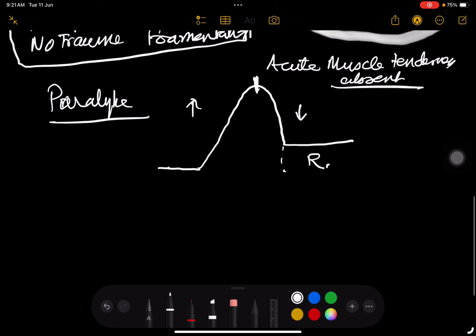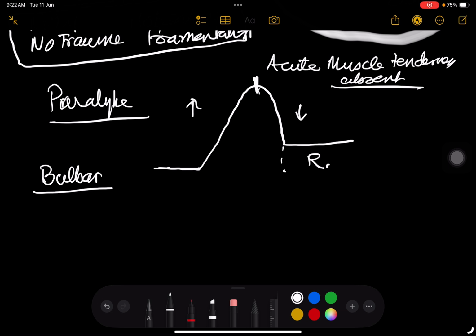In this particular phase, there can be bulbar polio, which can lead to cranial nerve palsy and also respiratory paralysis.